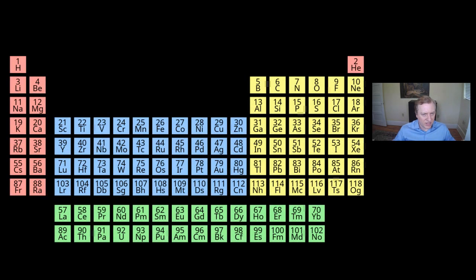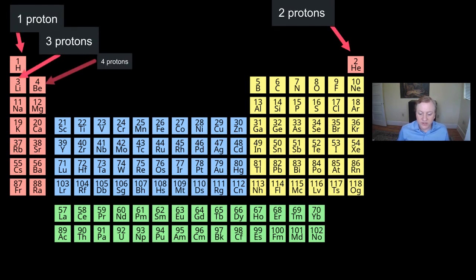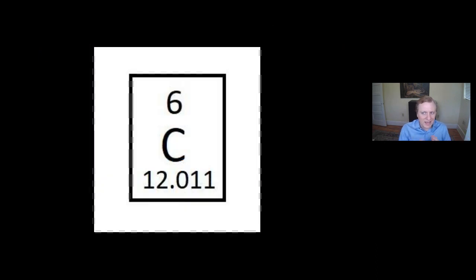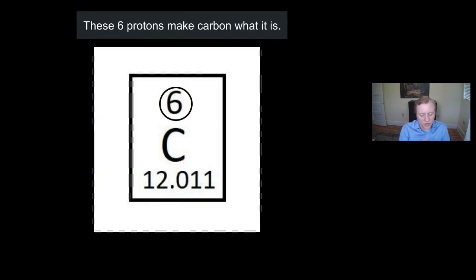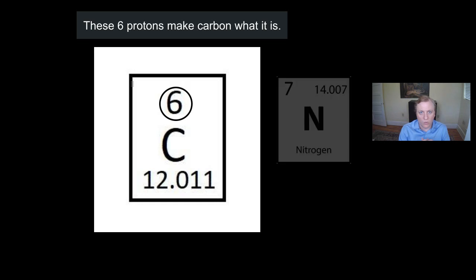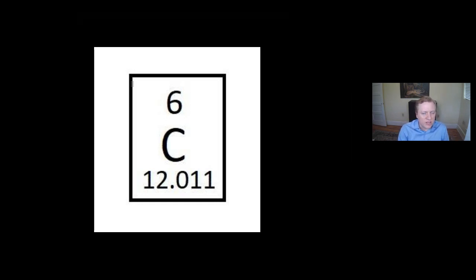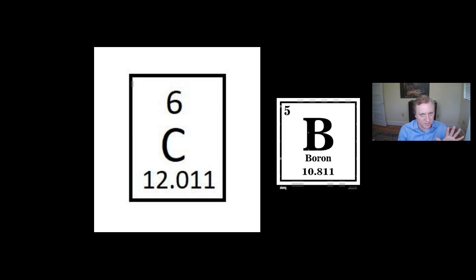And the periodic table arranges the elements according to their number of protons. So for instance, carbon has 6 protons. You cannot have carbon with 7 protons. Why not? Because that would be a different element. That would be nitrogen. You cannot have an atom of carbon with 5 protons.